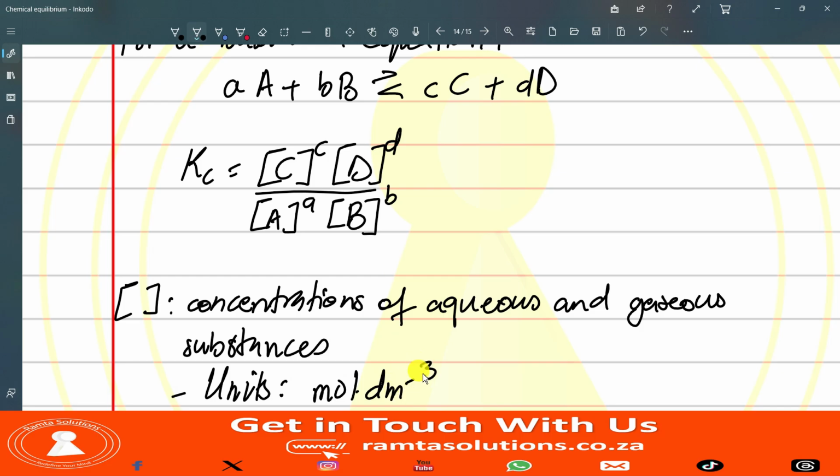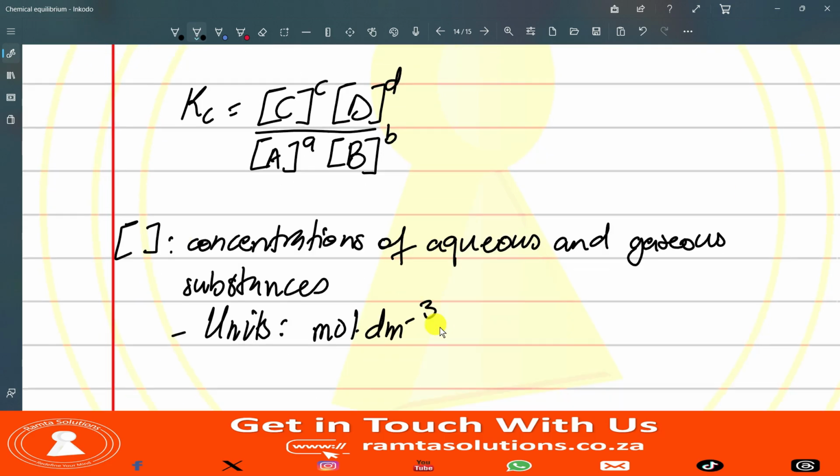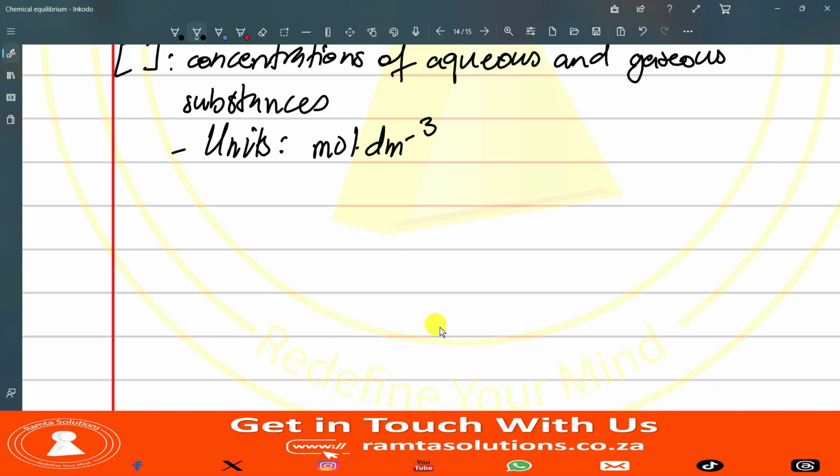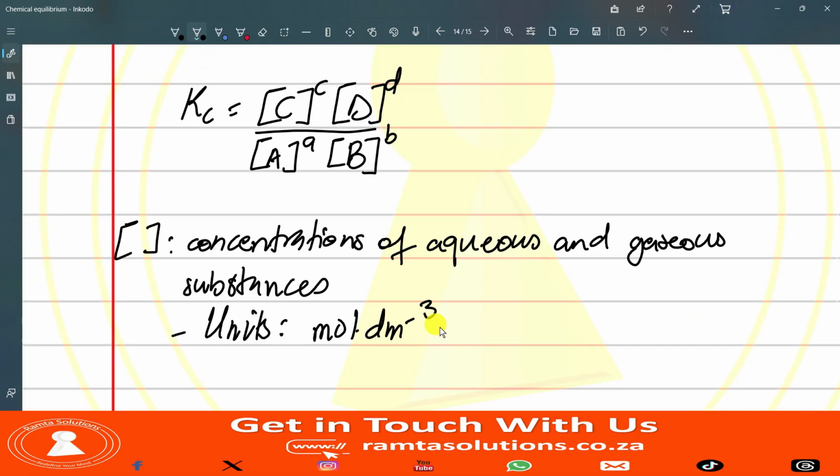These are equilibrium concentrations. I think I should make it clear that it is equilibrium concentrations of aqueous and gaseous substances.